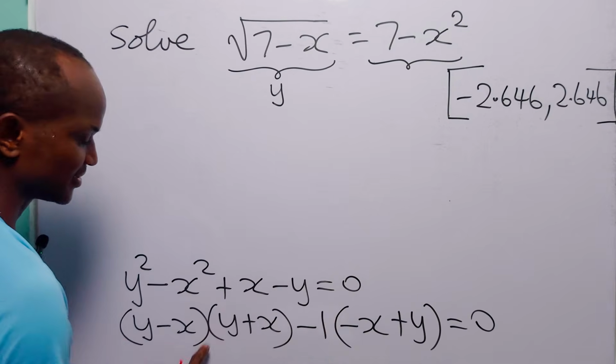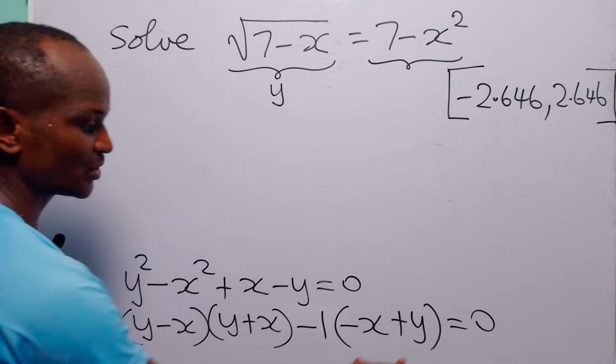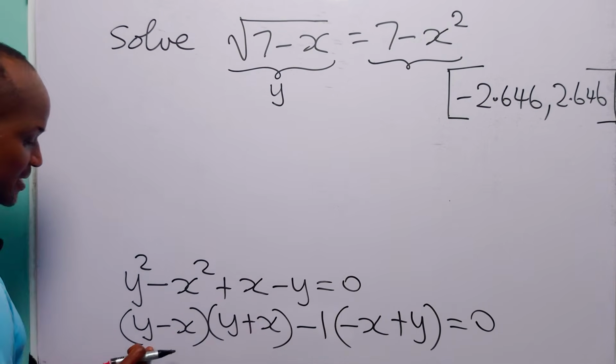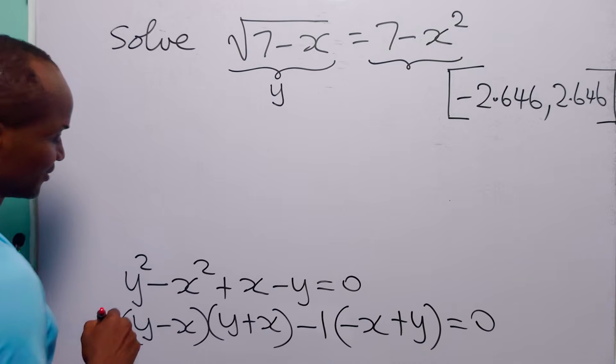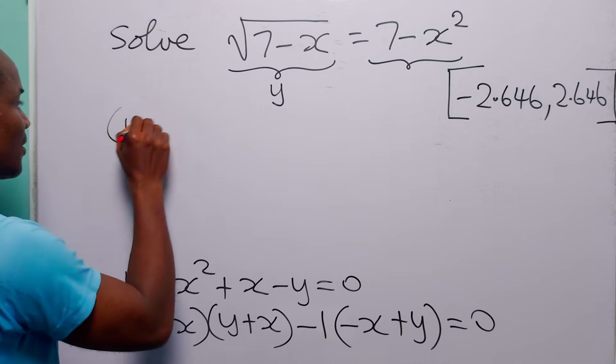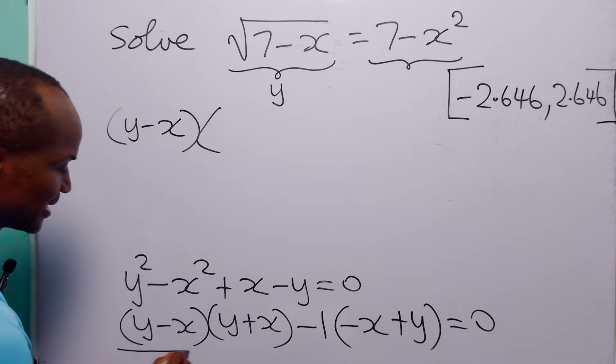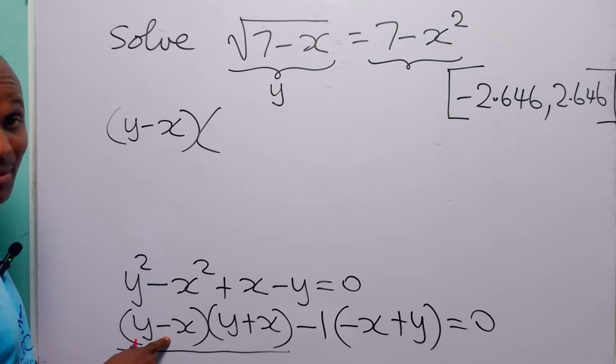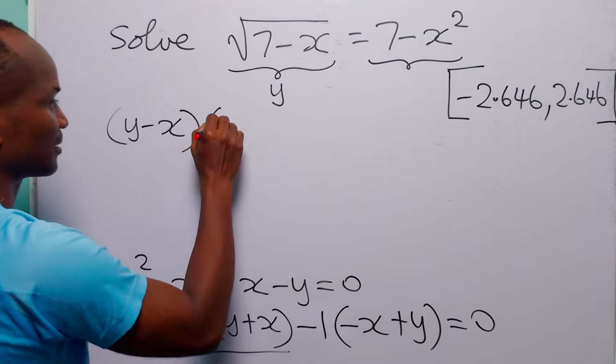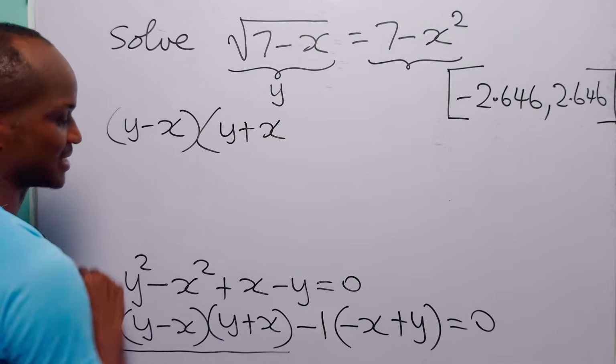When you look at these two terms, you'll see a common factor, which is y minus x. So we can still factorize. We have y minus x into, when you divide this term by y minus x, you are left with y plus x.